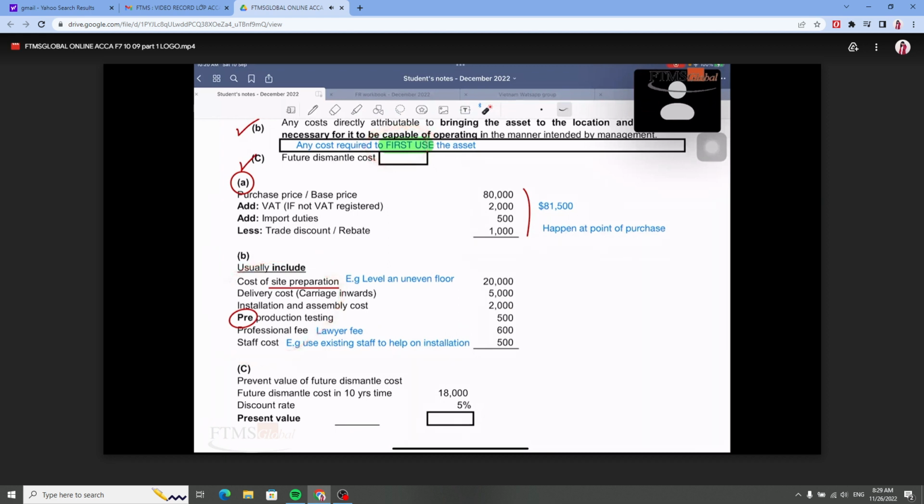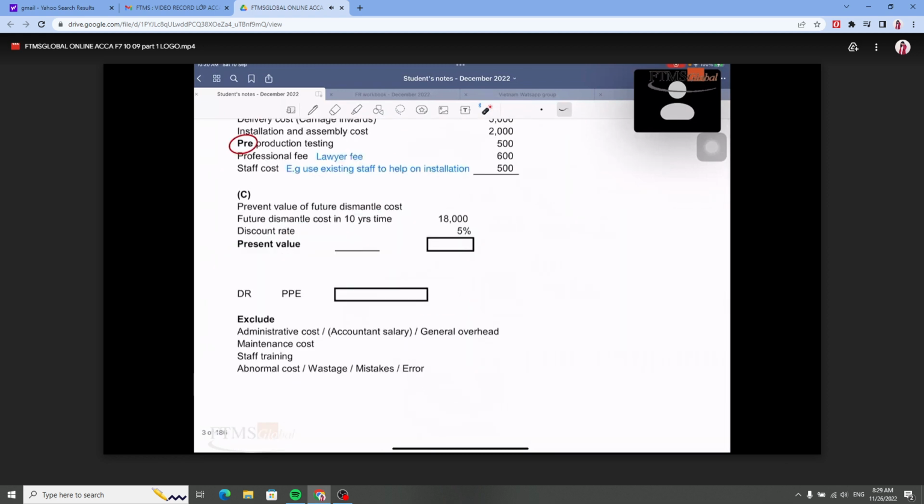Okay, then of course, let me just fast forward. There will be some items, right, which you will incur after you first use the asset. So example, fast forward, do you see maintenance costs? When do you incur maintenance costs? Okay, so as the word imply, maintenance, obviously, I will incur maintenance costs after I first use, right?